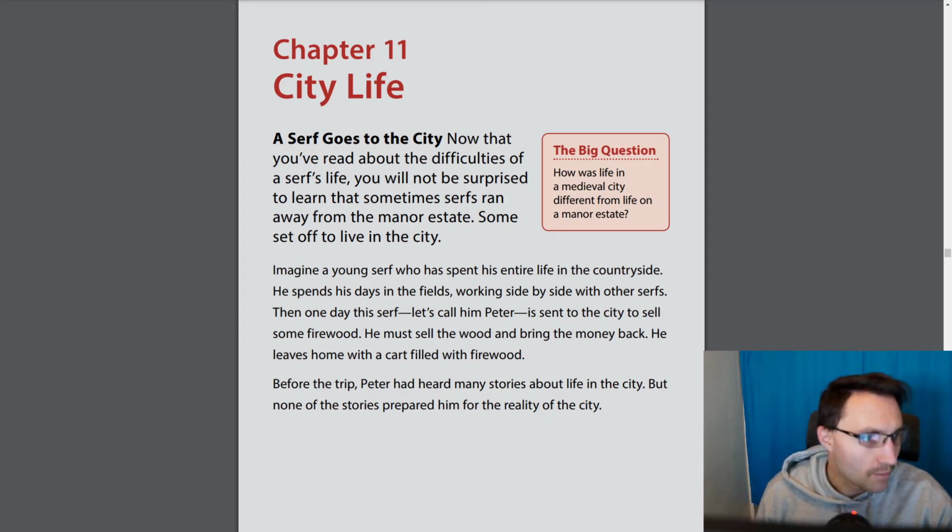So, let us get started, all right? As we read this lesson, we're going to learn more about the lives of the serfs and understand how city life was different, to have a clear compare and contrast.